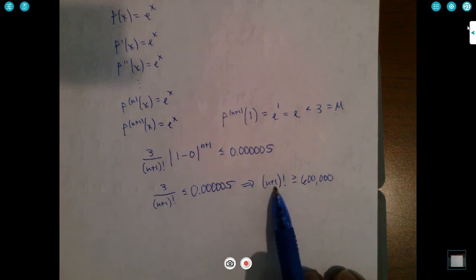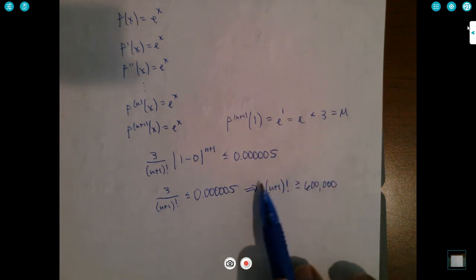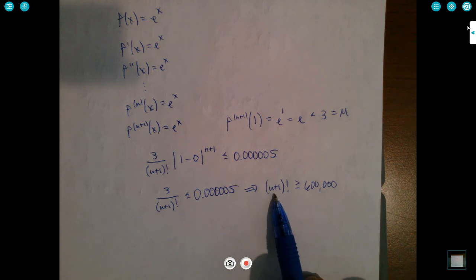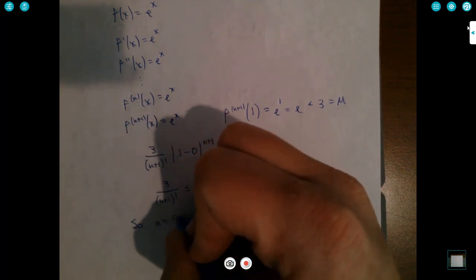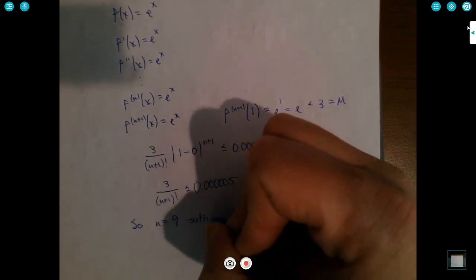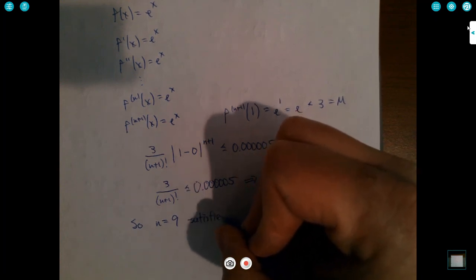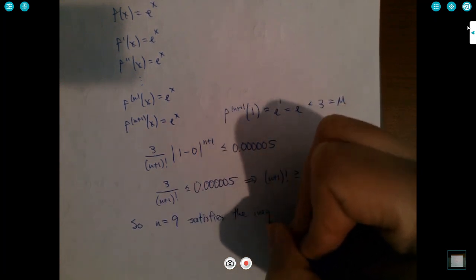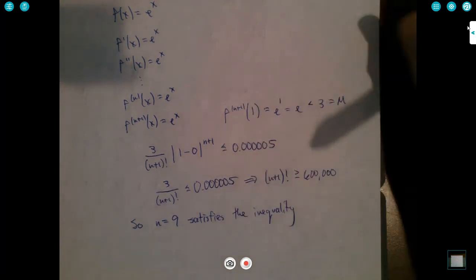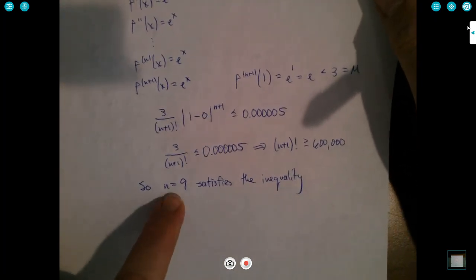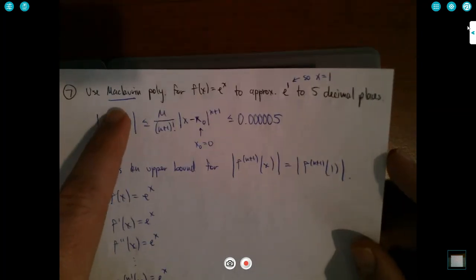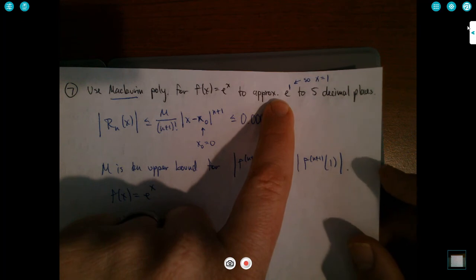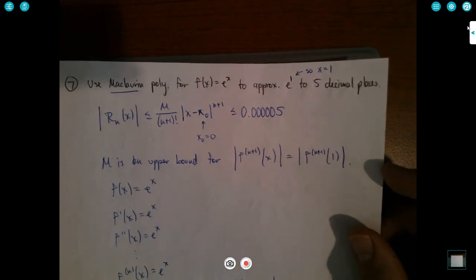So if n plus 1 equals 10, then this inequality will be satisfied. That means n has to equal 9. So n equals 9 satisfies the inequality. Okay, so we know that we need a 9th order Maclaurin polynomial in order to estimate e to the first power to 5 decimal places.